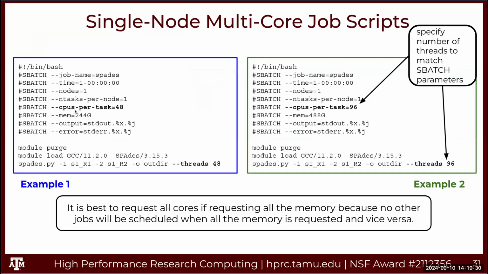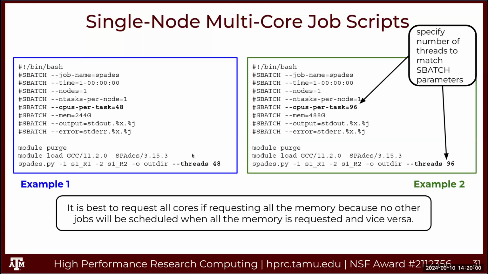All right, single node multi-core job script. So this is a single node. Nodes is 1, using 48 cores, 244 gigabytes. So you're only using half of this compute node. You'll also want to make sure that whatever number of CPUs you request in the Slurm parameters, you match with the options for your software.